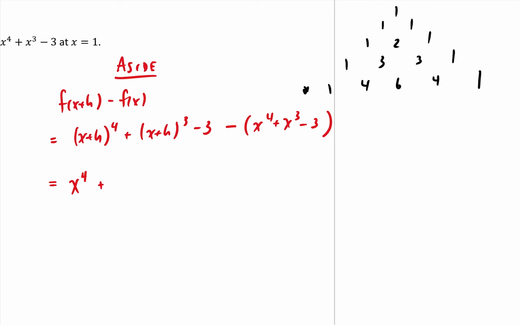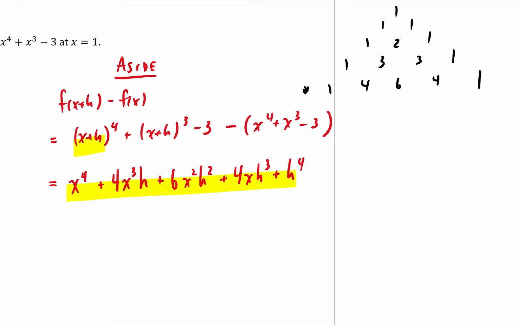Our next coefficient is 4, so it's 4, we bring down the exponent of x, so that's x cubed, and then we bring up our exponent of h, so that's x cubed h. Then plus 6 x squared h squared, plus 4 x h cubed, and then h to the fourth is the expansion. So this is the expansion of all of this.